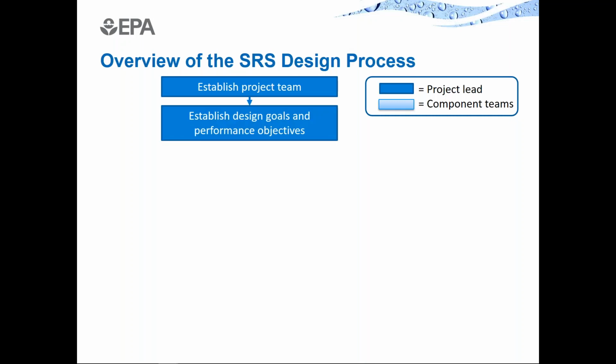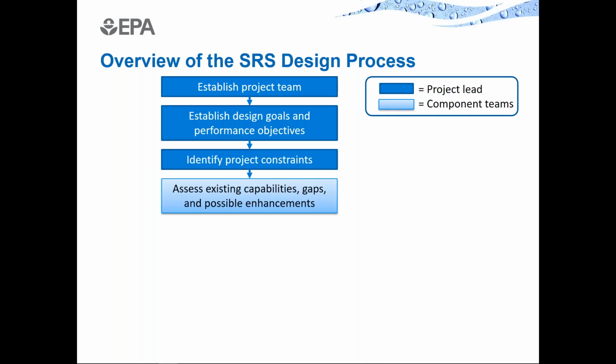It's also important to establish design goals that describe what the system is intended to do for your utility, as well as performance objectives that document how well the system needs to function to realize those benefits. As with every project, we need to identify constraints, typically budget and schedule are big ones.